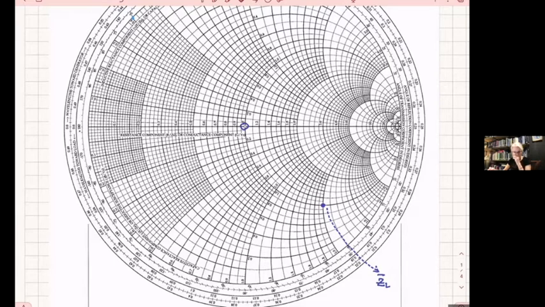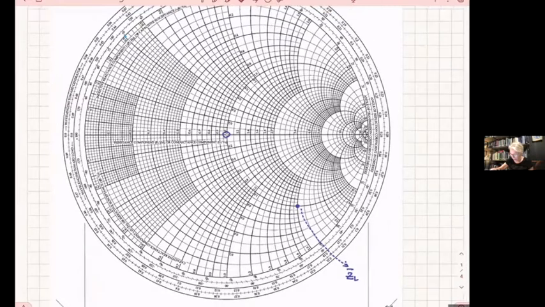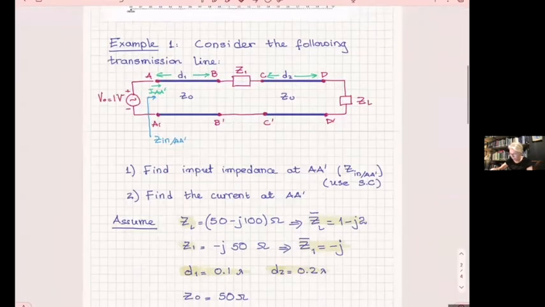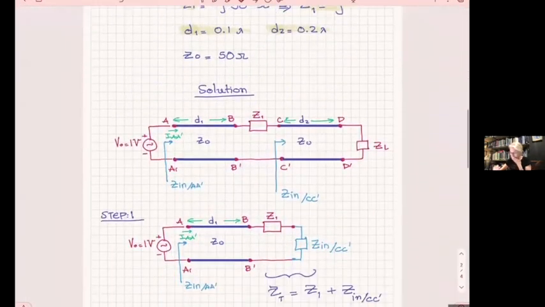What do I have to do now? I have to move it on the line as what I have arranged to do as step 1. I have to move this to go to CC prime. From ZL, which is at DD prime, I have to move to CC prime, which means I have to move on the constant gamma circle, which is like the circle of the transmission line.